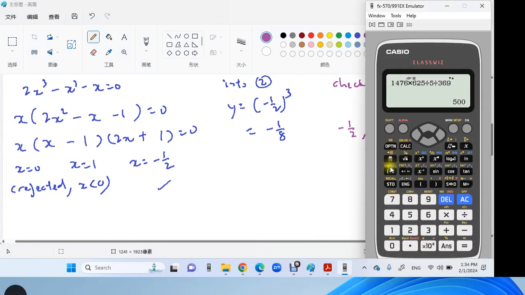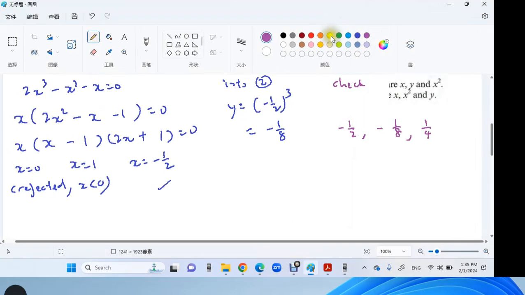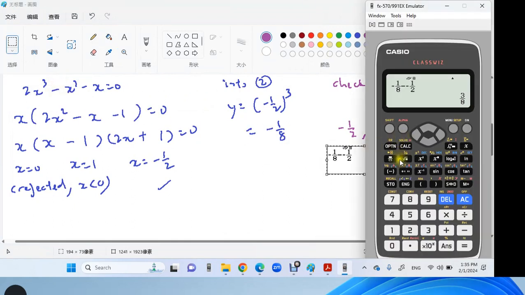So we have negative 1 over 8 minus negative 1 over 2 will be 3 over 8. And then 1 over 4 minus negative 1 over 8 is also 3 over 8.